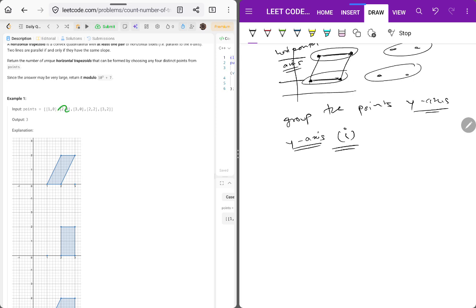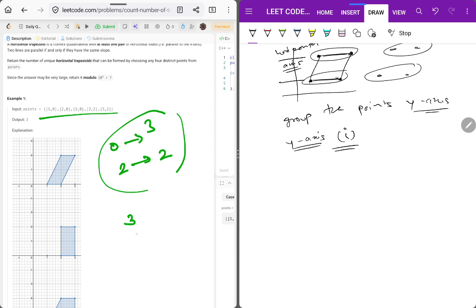If we see over here, for 0 there are 3 points, for 2 there are 2 points. After this, we'll have to select 2 points from 3 and select 2 points from 2, and this will give us the answer.